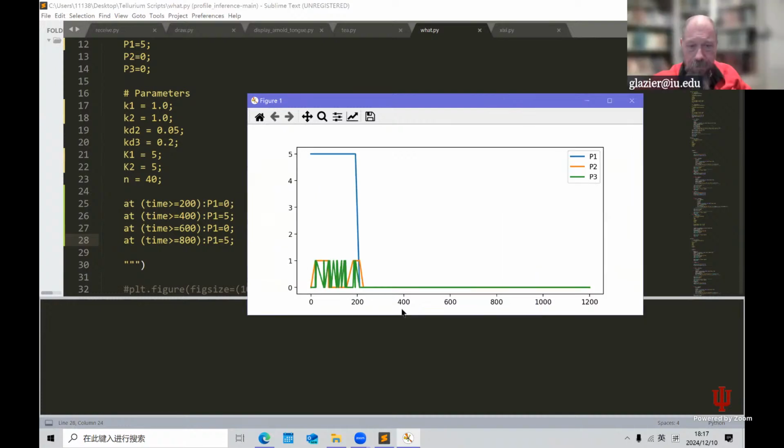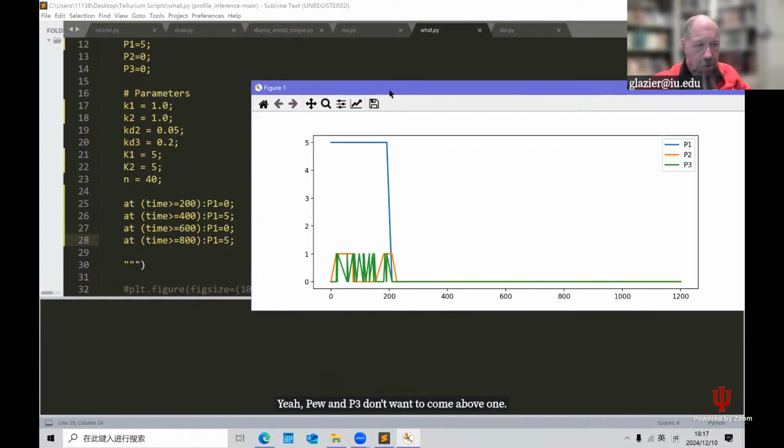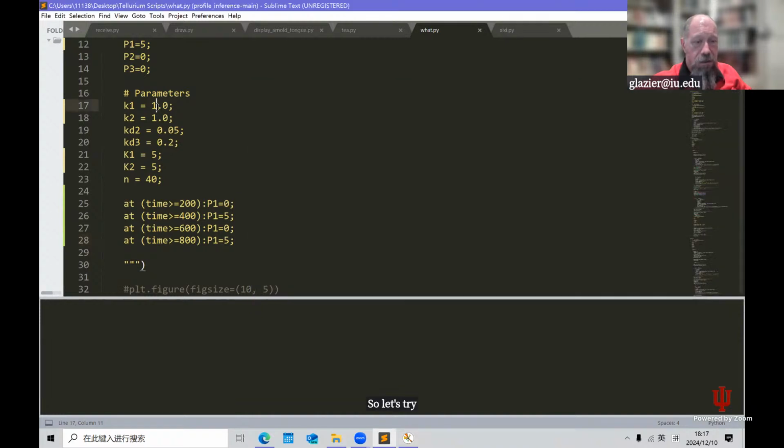Still the same problem. P2 and P3 don't want to come above 1, which is a bit odd. I guess again it would have to be K1 and K2, lines 17 and 18. So let me make those 5 and see if that does it.